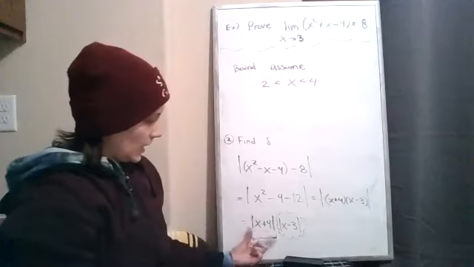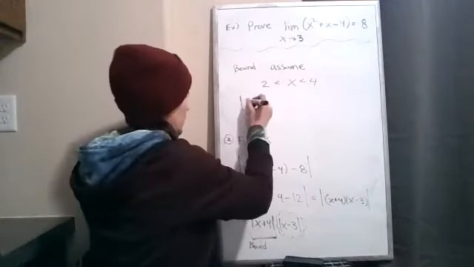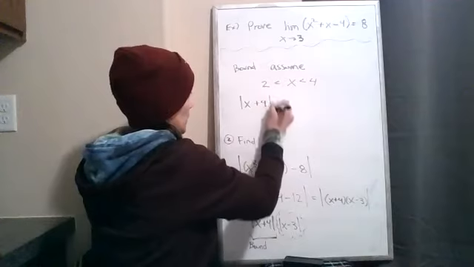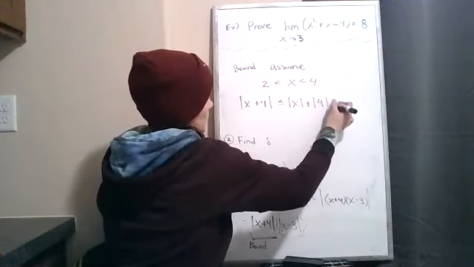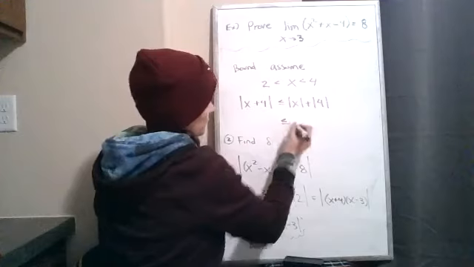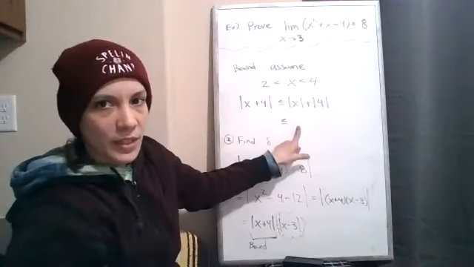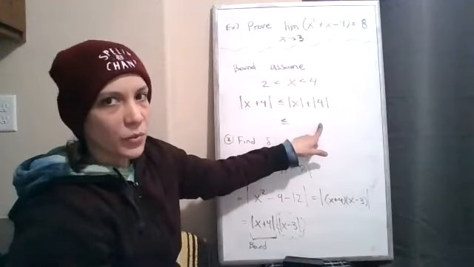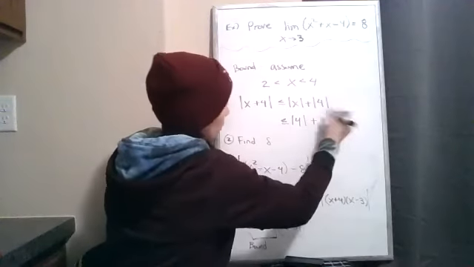Okay, and then we're trying to get the absolute value of x plus 4 bounded. So the most x could be is 4, so we'll put in the absolute value of 4 plus the absolute value of 4, which is 4.